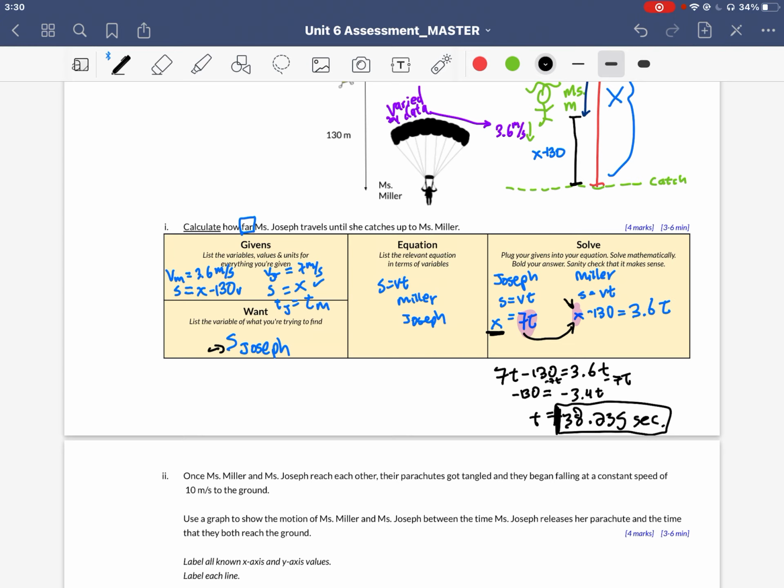And so now if I go back up here to S equals vt for Joseph, S equals 7 times 38.235 seconds. And so that's going to be equal to 267.6 meters.